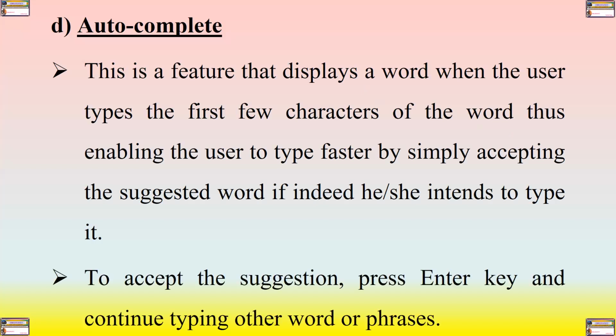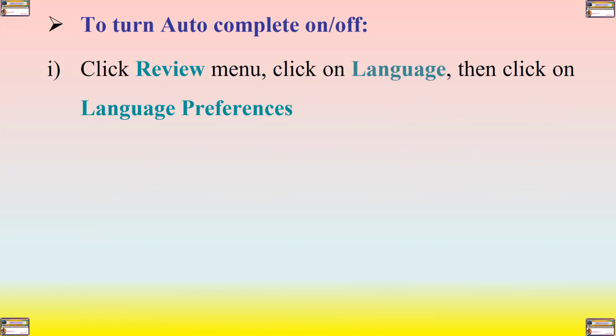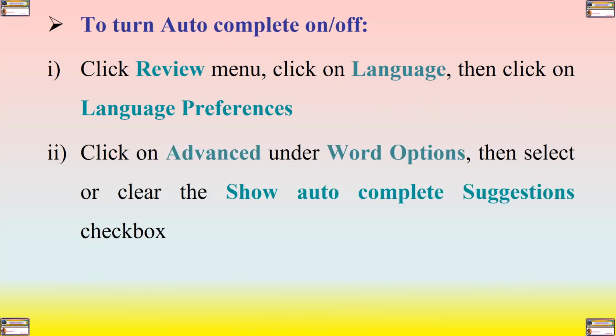To accept the suggestion, press Enter key and continue typing other words or phrases. To turn autocomplete on or off, you click on the Review menu, then Language, then Language Preferences, just where we have come from for autocorrect. Then click on Advanced under Word Options and select or clear the Show Autocomplete Suggestions checkbox. And then you click OK.